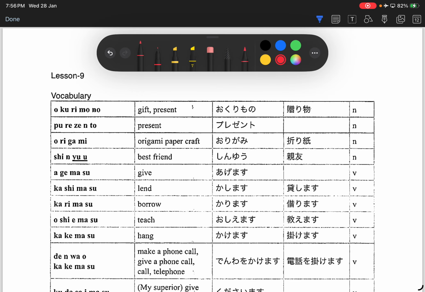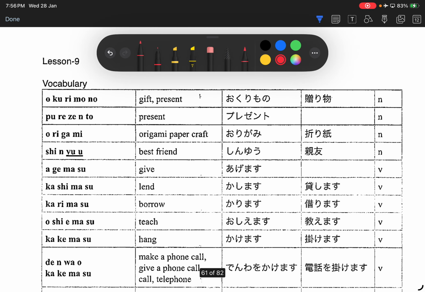All good. Okay, let's start with lesson 9. Repeat after me. Okurimono. Presento. Not present, presento. Origami.